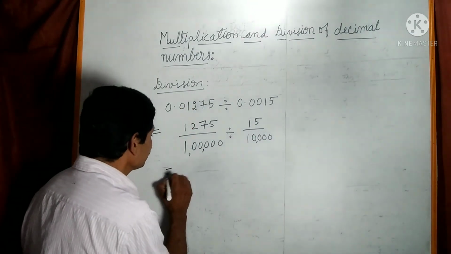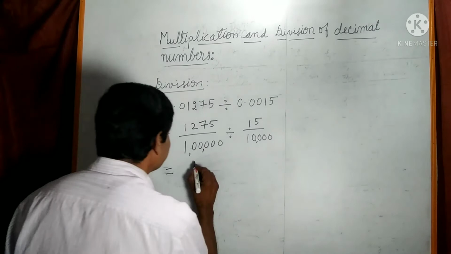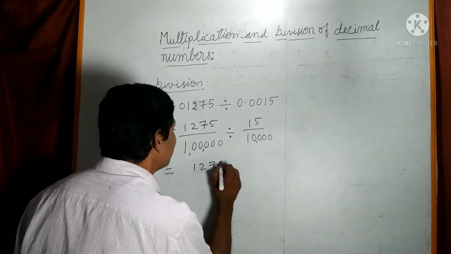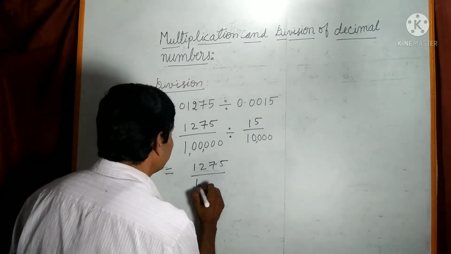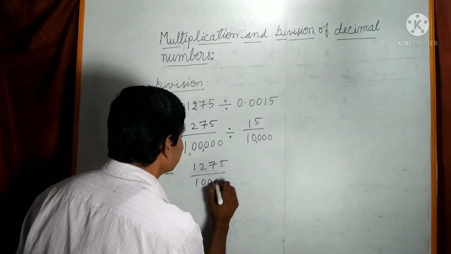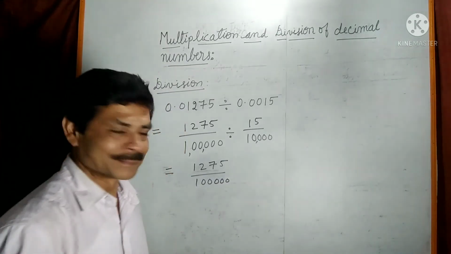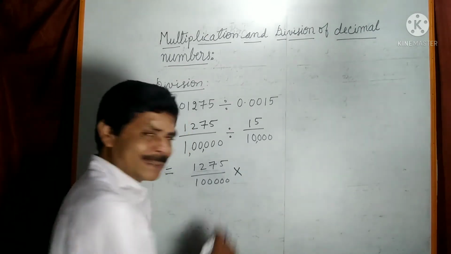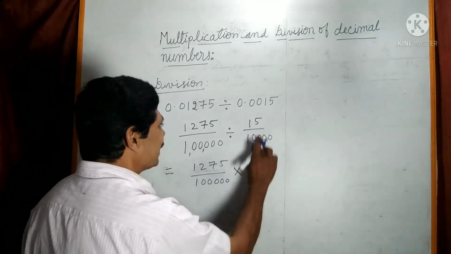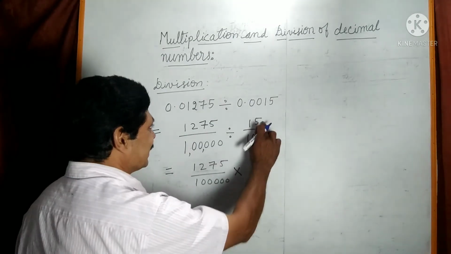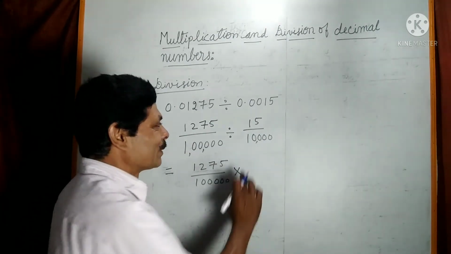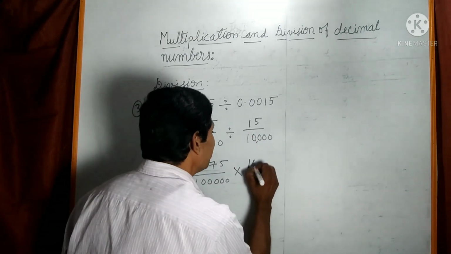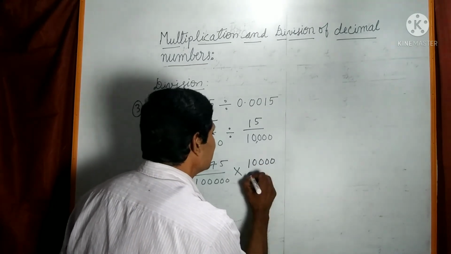This is equal to 1275 divided by 1 lakh. Now we will put the multiplication sign and take the reciprocal of 15 by 10,000. That will become 10,000 by 15.